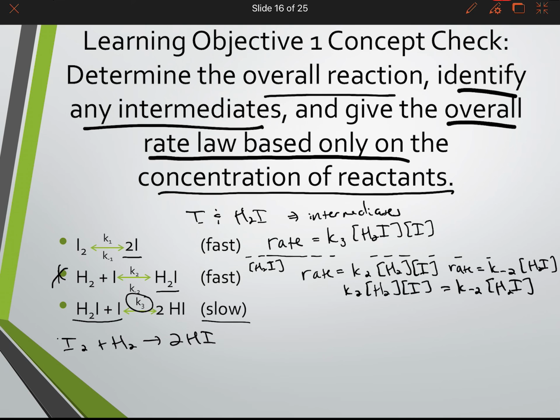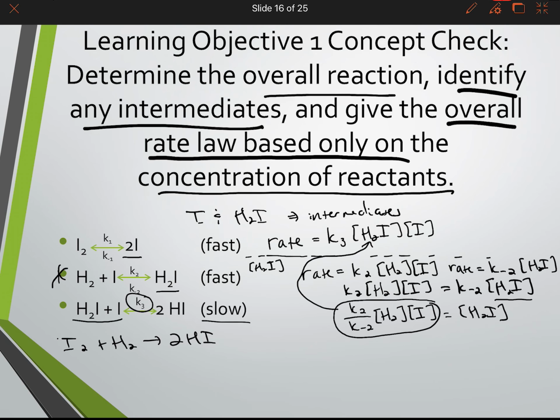We're then going to solve for this, and we get k2 over k minus 2 equals H2 concentration times I concentration. We can then place this in for this.